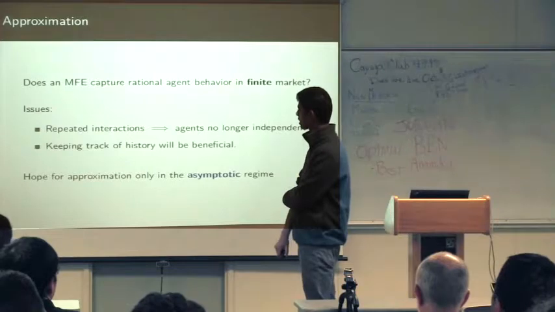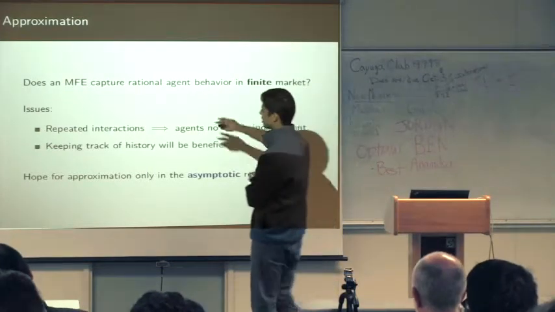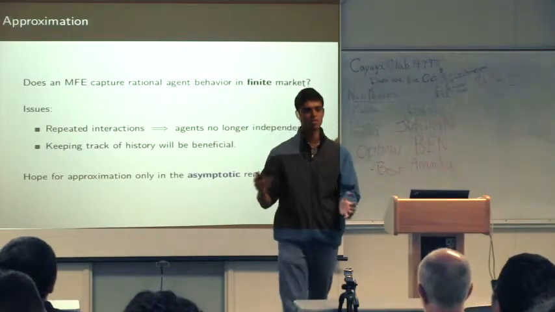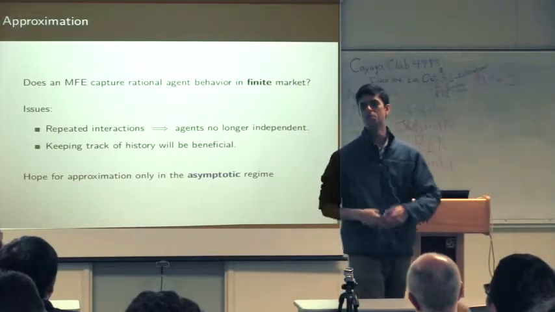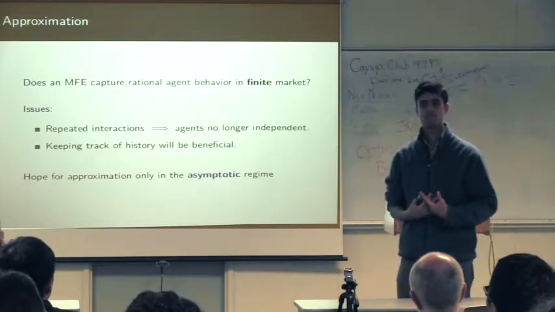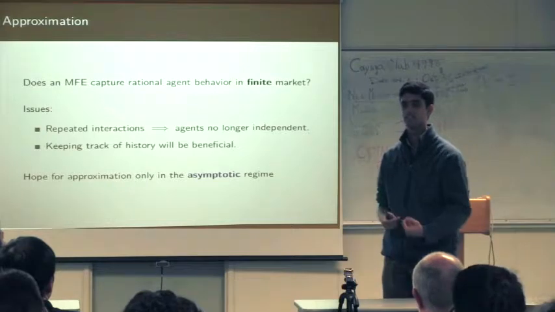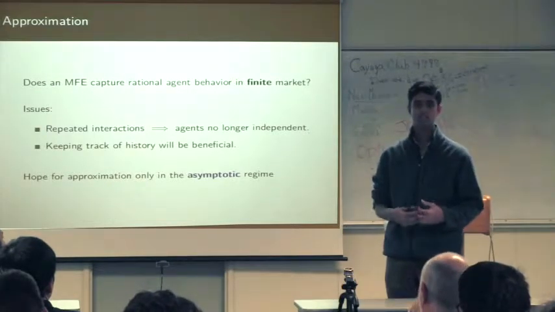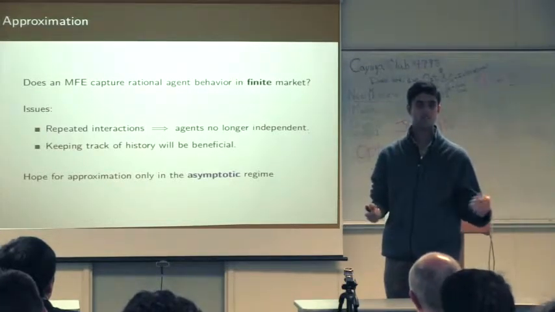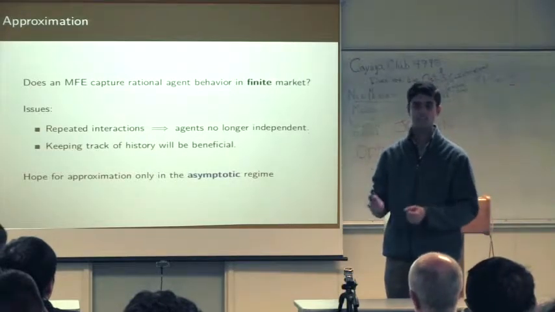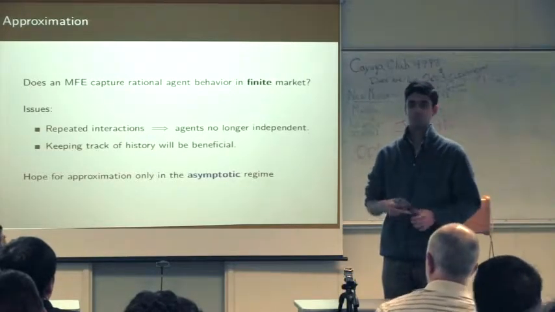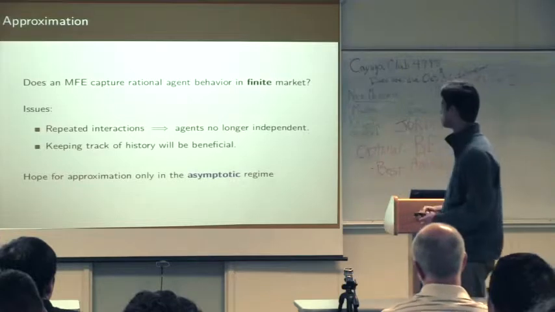And the complication with having a finite number of agents is that you would meet the same advertiser, say, repeatedly. So in that case, it would make sense for you to keep track of what happened in the past, so that you can probably try to influence the other person's bid and so on.